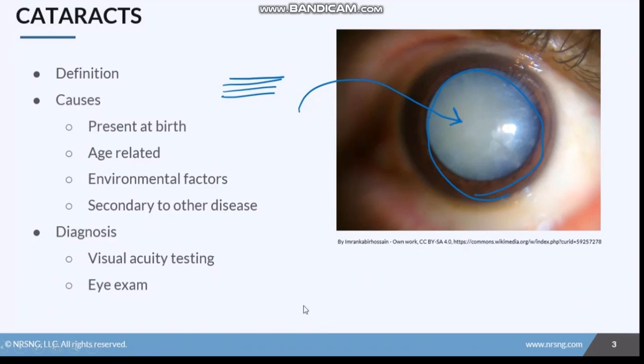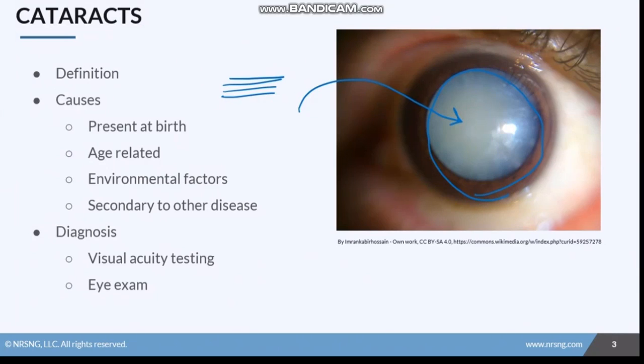Cataracts can also be due to different environmental factors. This could be due to trauma to the eye, such as a sports injury. If a person gets hit in the eye by a baseball, that can lead to a traumatic cataract. It could also be due to chemicals or toxic agents, such as radiation exposure.